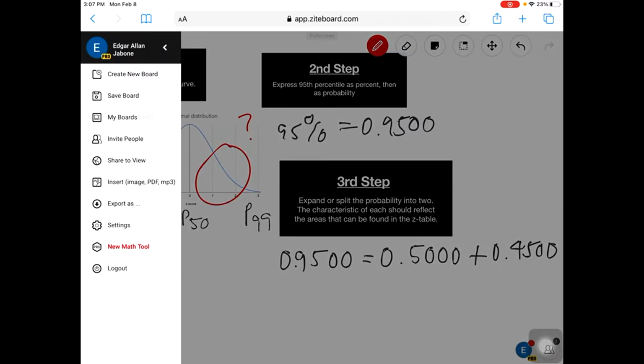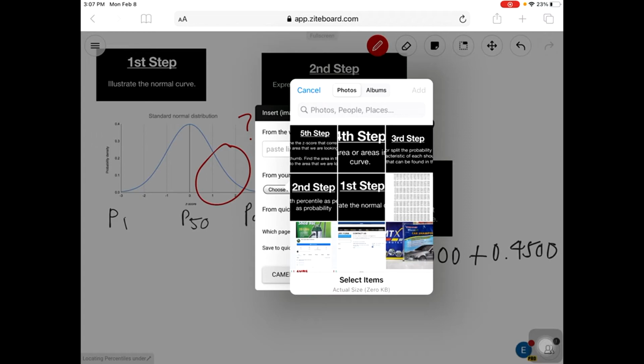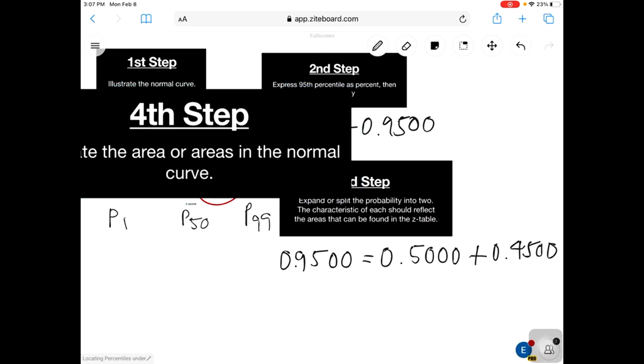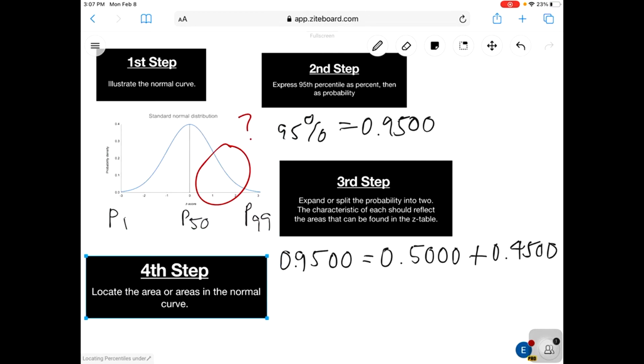Let's proceed to the fourth step, which is to locate the area or areas in the normal curve. We're going to create another normal curve here, just a duplicate of what we had in the first step.